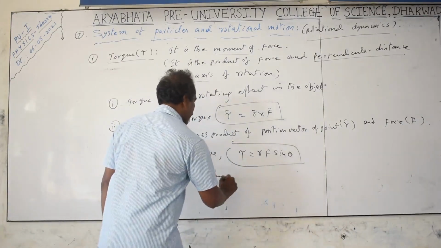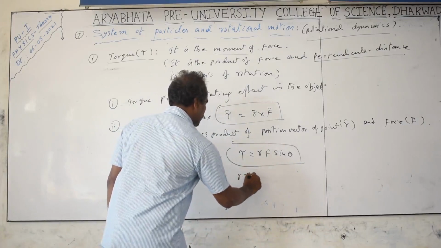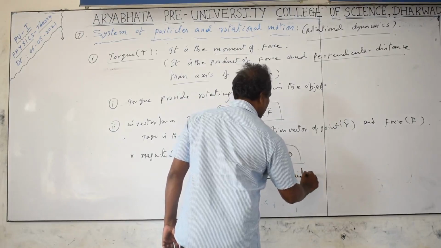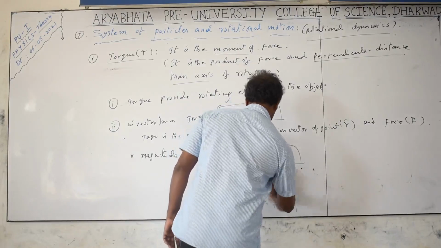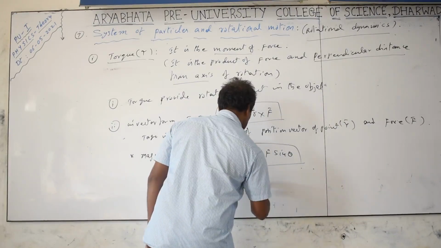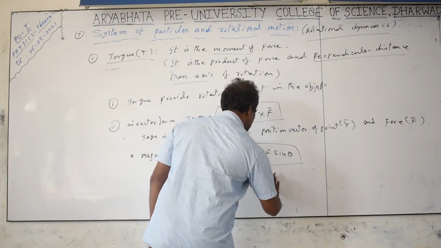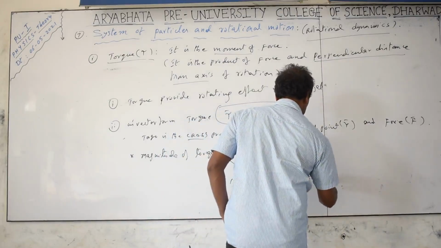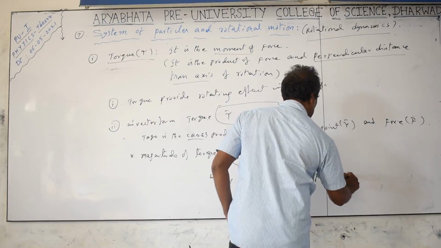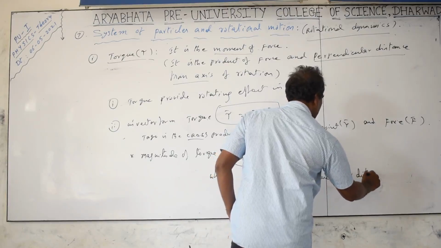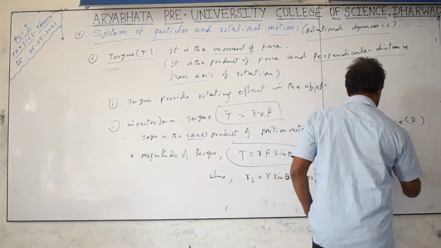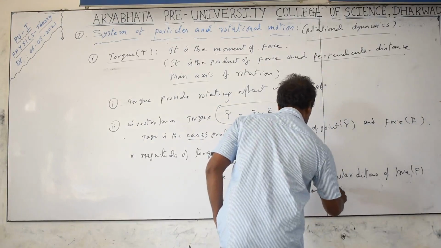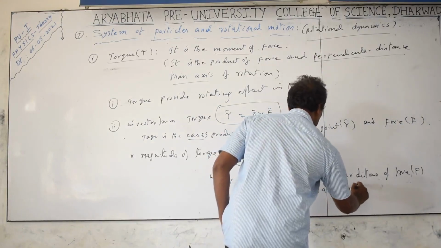R sin theta is called the perpendicular distance. I will take it as R perpendicular: R sin theta is the perpendicular distance of force, simply called the perpendicular distance, from the axis of rotation.